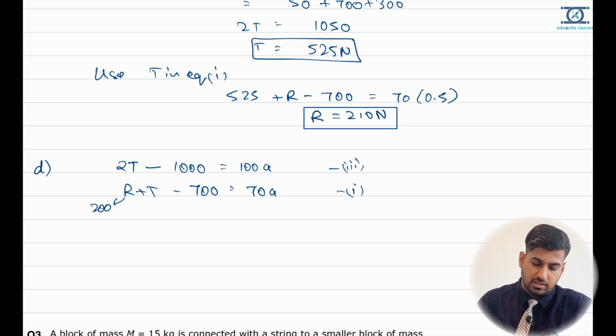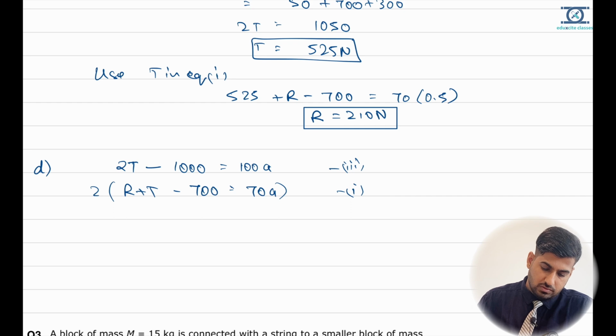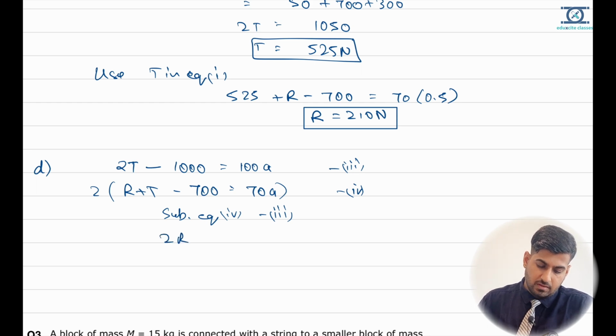So if I use this equation and multiply this with 2, and then adding, or you can say subtracting equation 4 minus equation 3. So it will be 2r minus 1400, 140a.